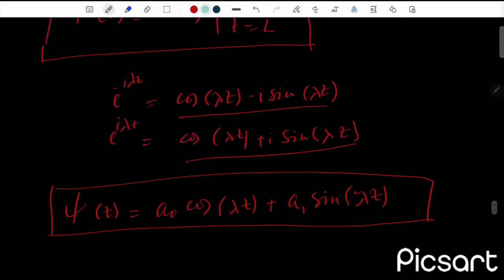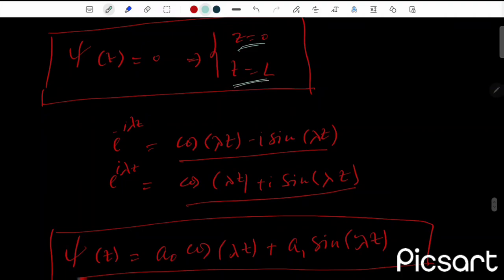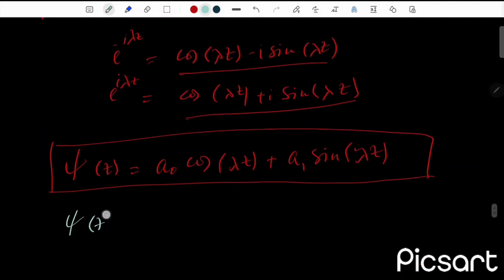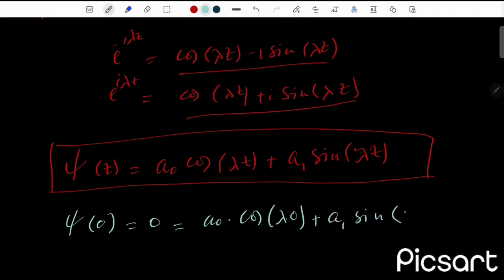Then now we can go on using our boundary condition. When z is equal to 0, we must have the function equal to 0, which means a0 times 1, since cos of 0 is equal to 1, plus a1 sine of lambda times 0, and the sine of 0 is equal to 0.